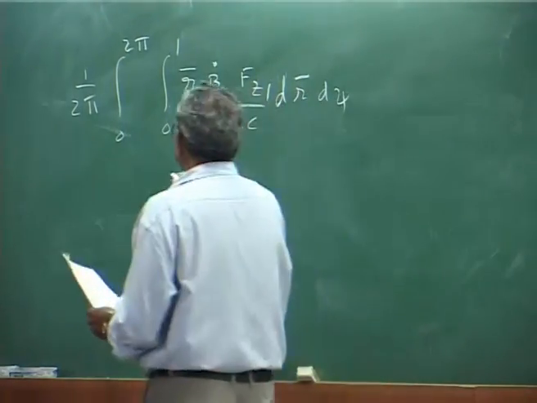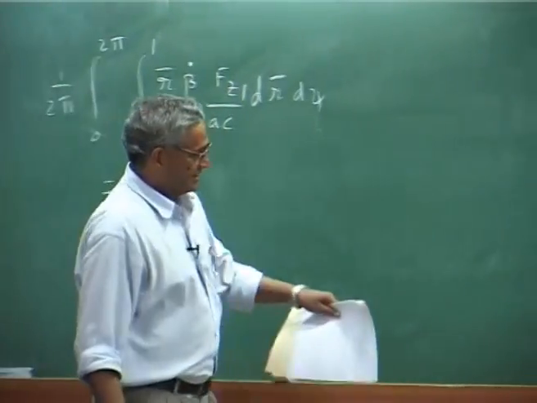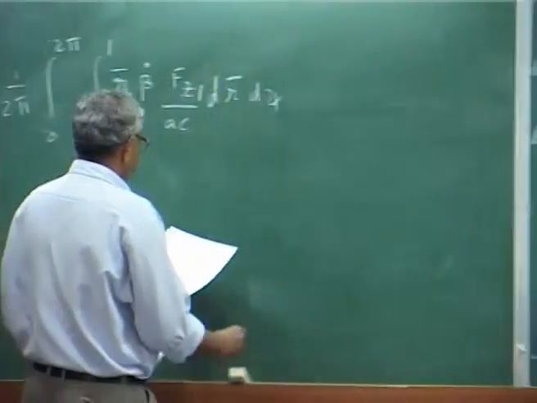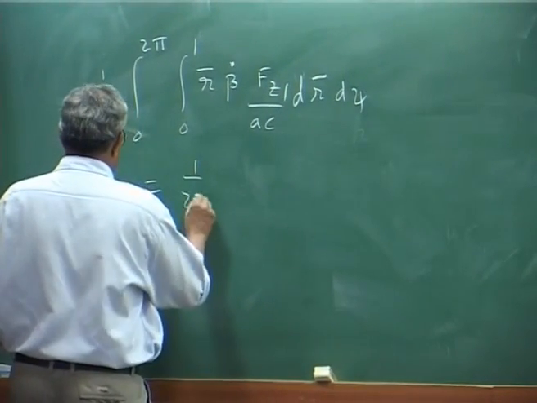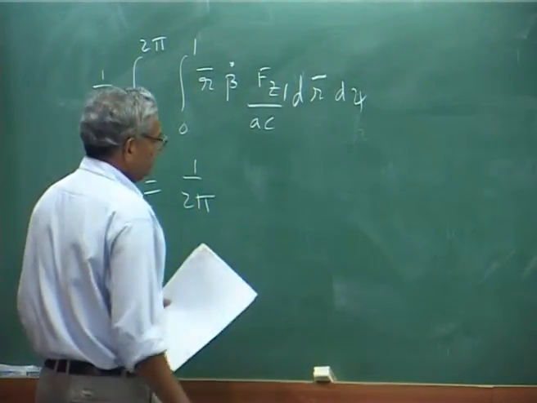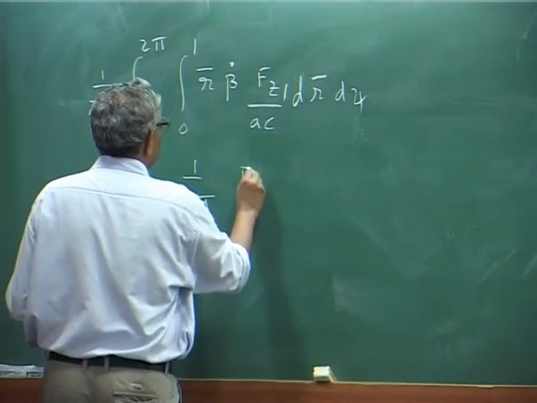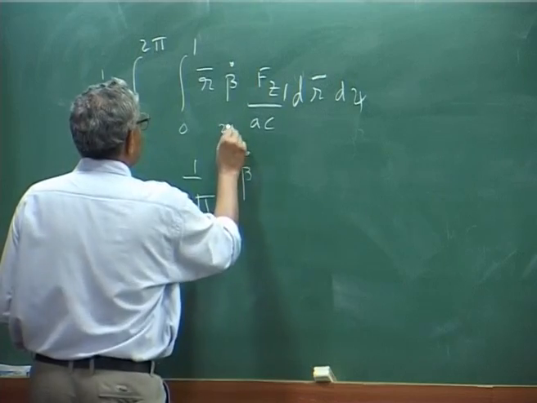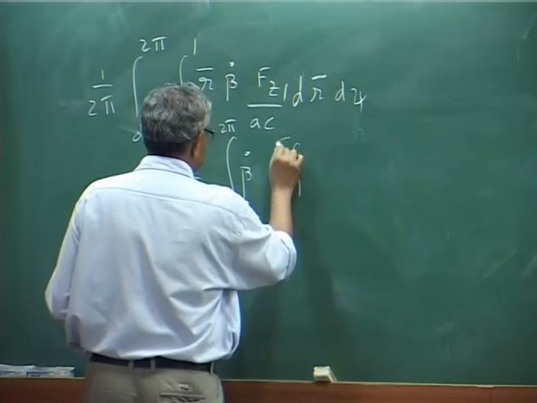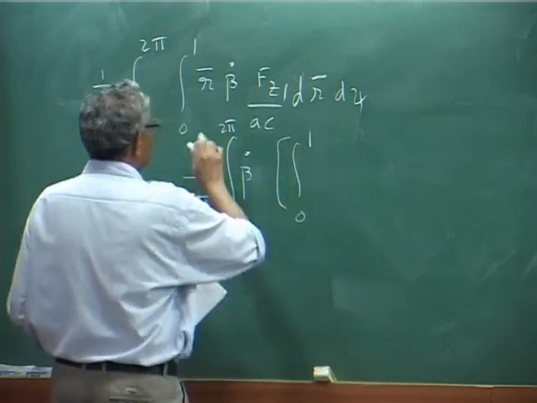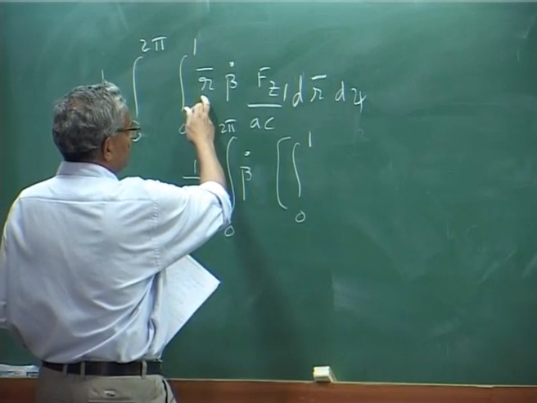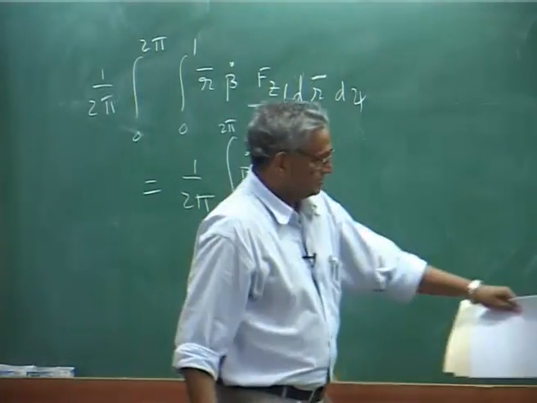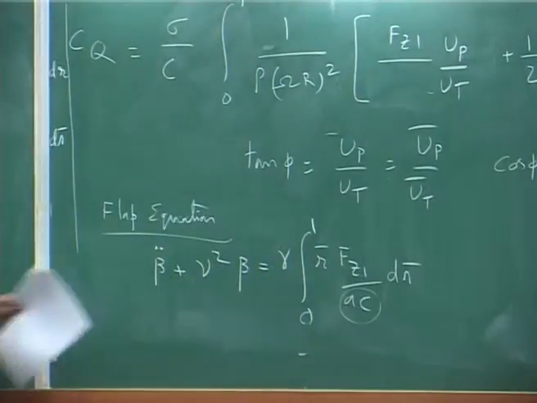This is equal to, you go to this equation, 2 pi, I am taking beta dot, 0 to 2 pi, then 0 to 1 r bar f z a c dr bar. I just take a gamma and divide.